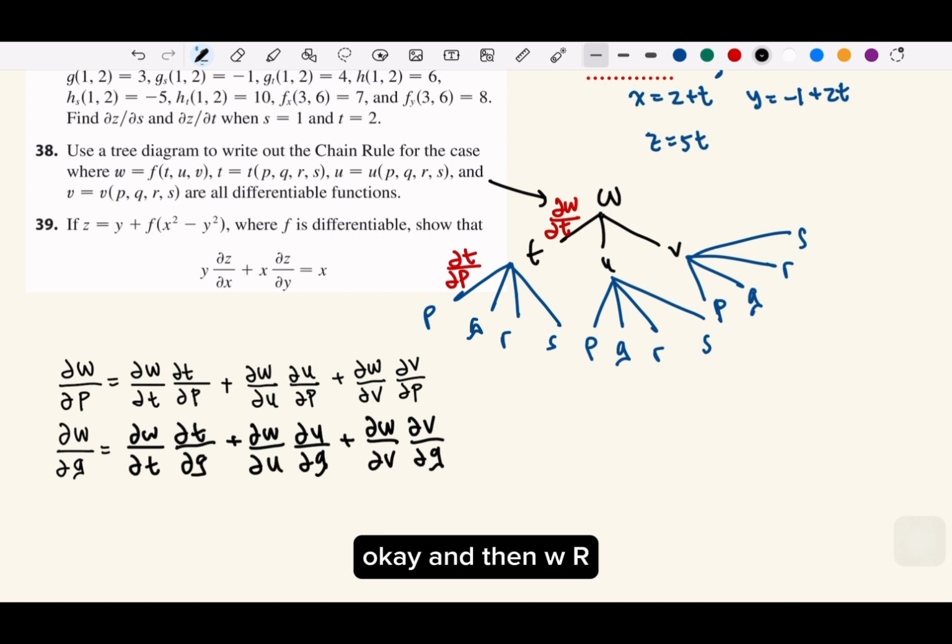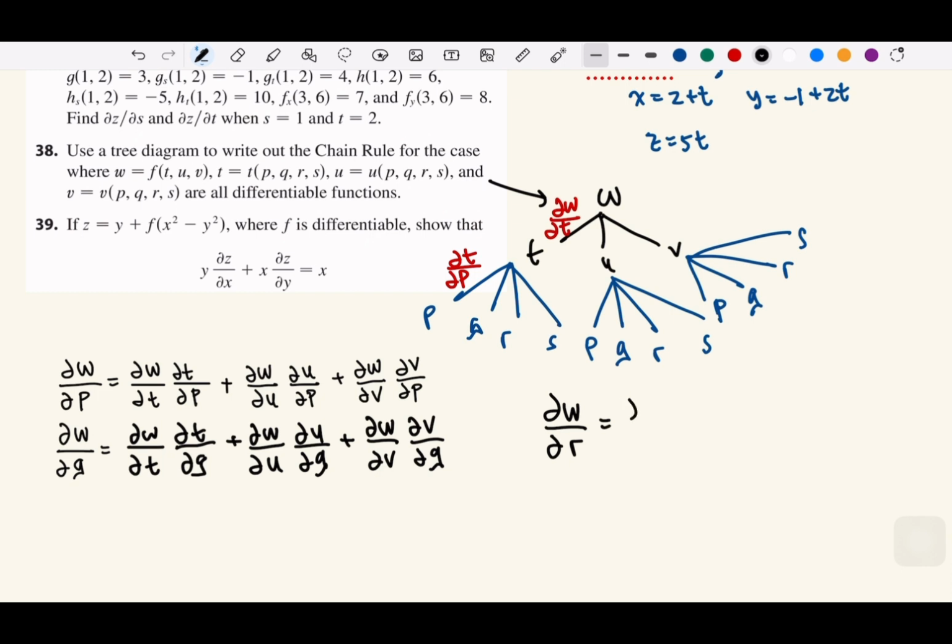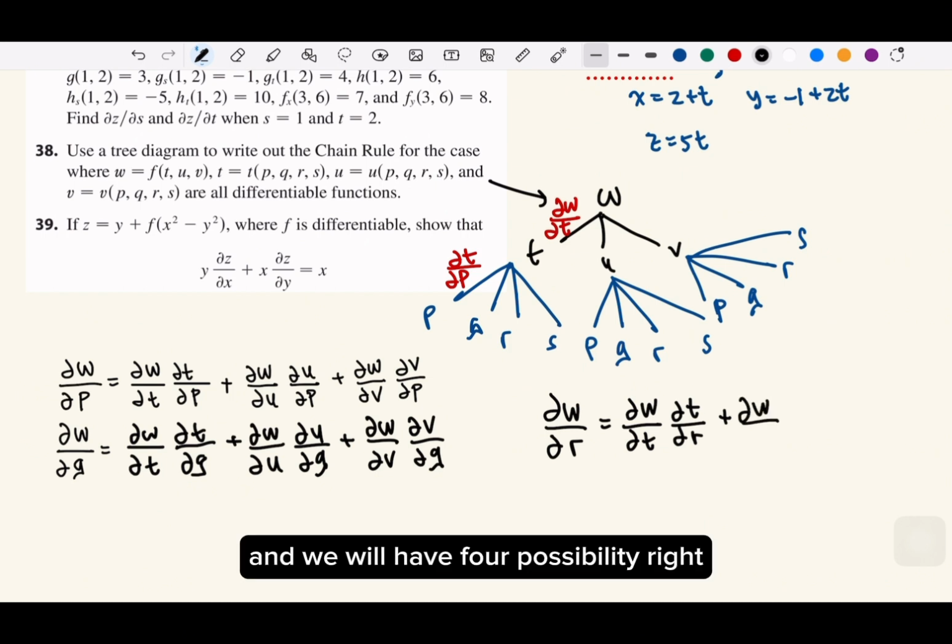Okay, and then WR. And we will have four possibilities, right? This will be what?